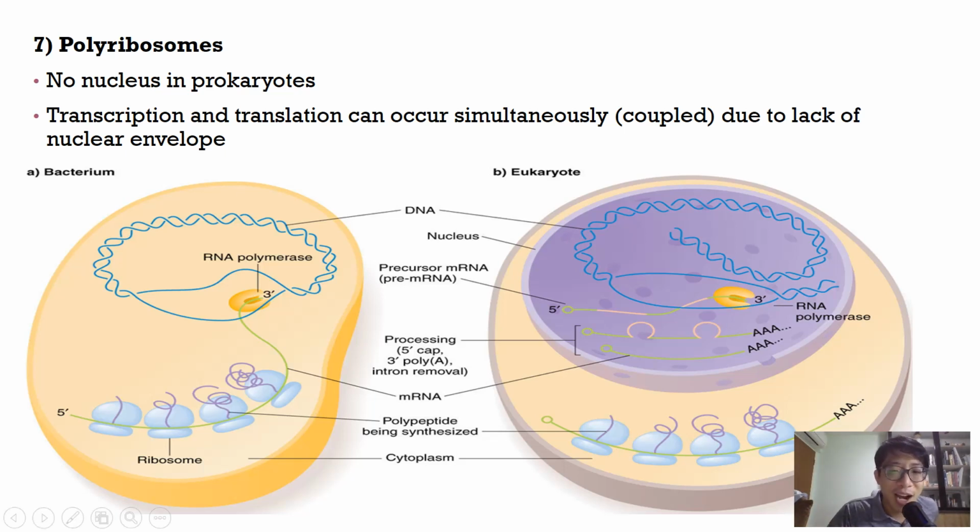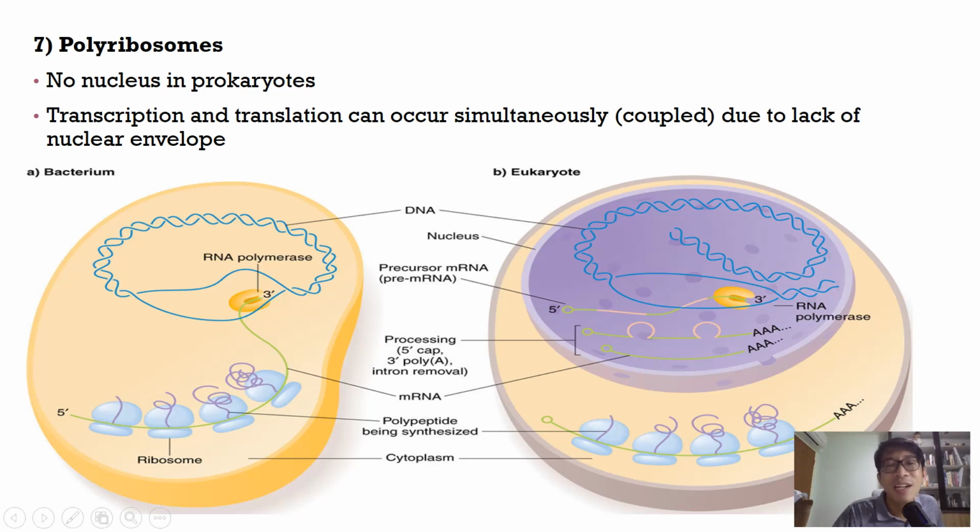The ribosomes are in the cytoplasm. So even after transcription has started, there might already be the 5' UTR, but there are no ribosomes in the nucleus to bind to the 5' UTR. So translation cannot initiate. Translation can only begin when transcription is completed in the nucleus and post-transcriptional modification has occurred.